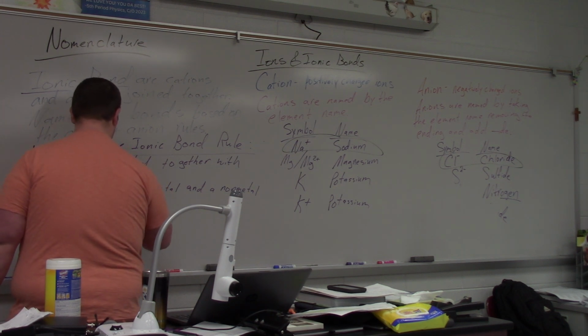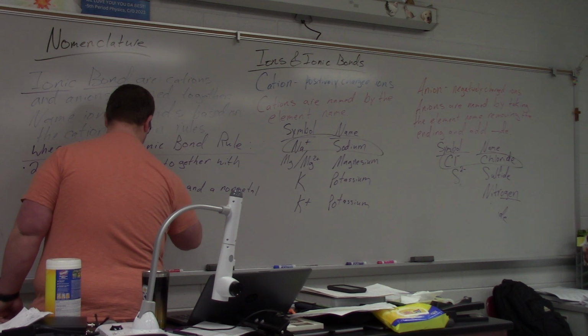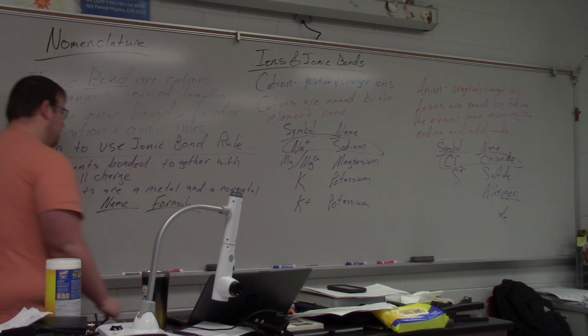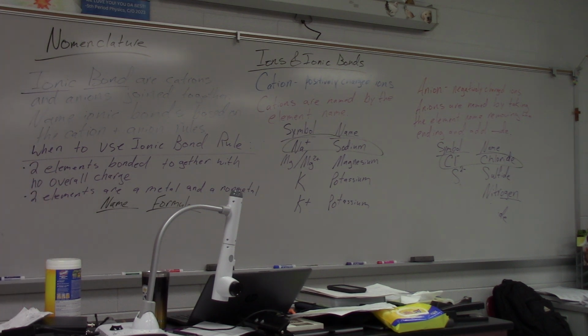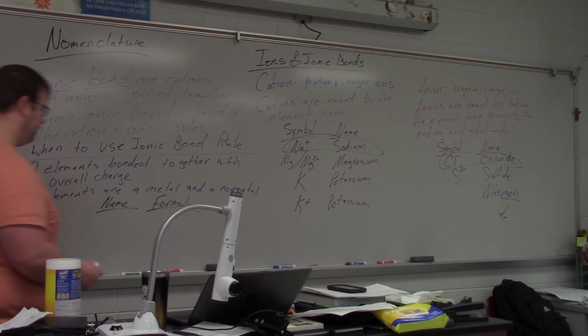So the name, and then we add the formula. I'm going to give you the formula first on this one, because I know you can throw it out to me, but don't be so caught up on just throwing the answer out.